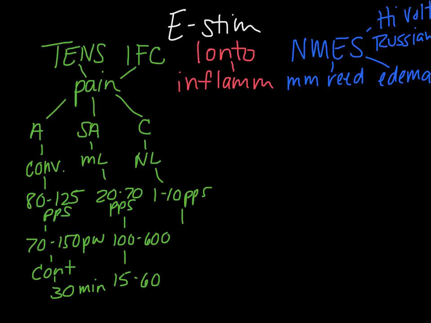Our pulse width, if we can set it, is going to be much higher because we want that longer pulse width to stimulate those pain fibers. So we may be up to 1,000 milliseconds for our pulse width. And again, this one may take a little bit longer, so the treatment may be provided for up to 60 minutes.